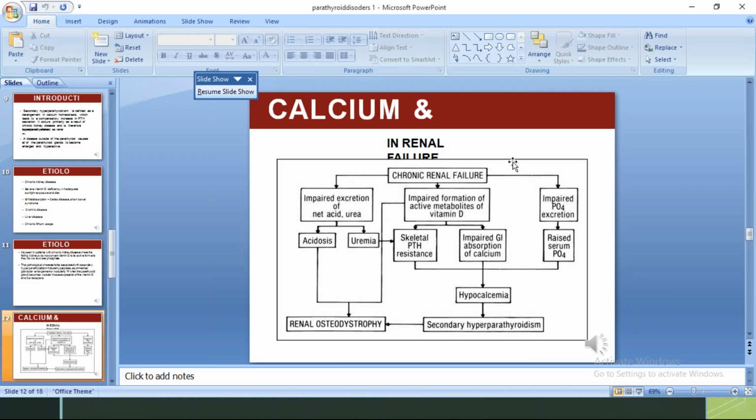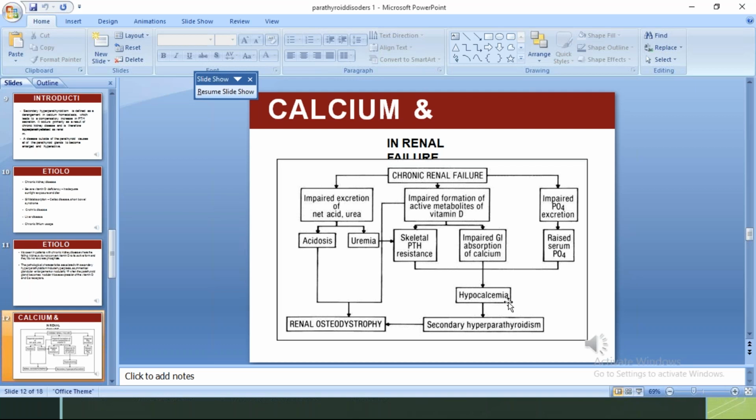Phosphate excretion is also impaired, so there will be increased phosphate, hyperphosphatemia, which decreases calcium binding, so leads to hypocalcemia. In chronic renal failure, as we already discussed, there will be impaired 1 alpha hydroxylation, converting vitamin D into its active form. This leads to skeletal parathyroid resistance and impaired GI absorption of calcium. All this leads to hypocalcemia.